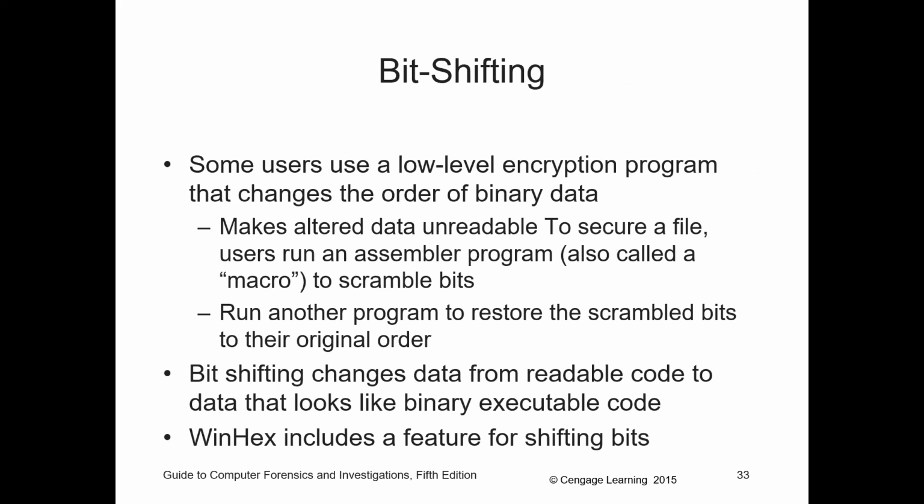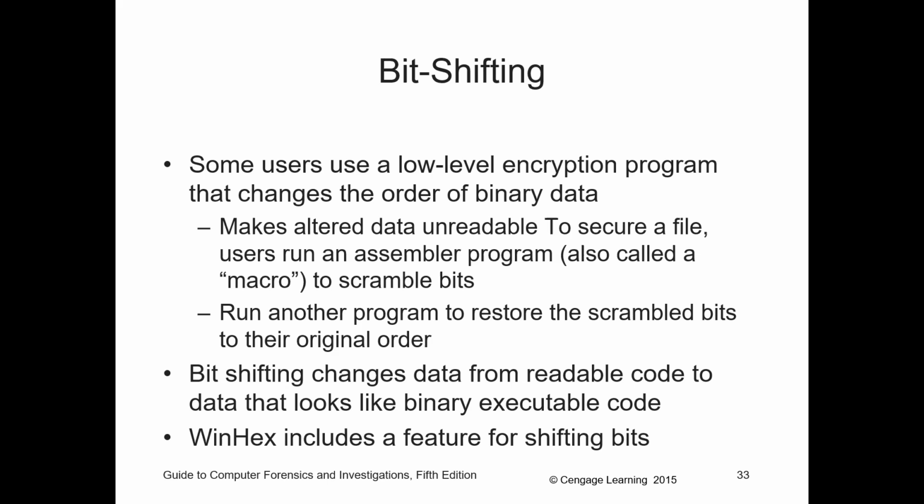Next is bit shifting. Here we are seeing that some users use low-level encryption programs that change the order of the binary data, which makes the altered data unreadable. So to secure a file, the user runs an assembler program, also known as a macro, to scramble the bits.